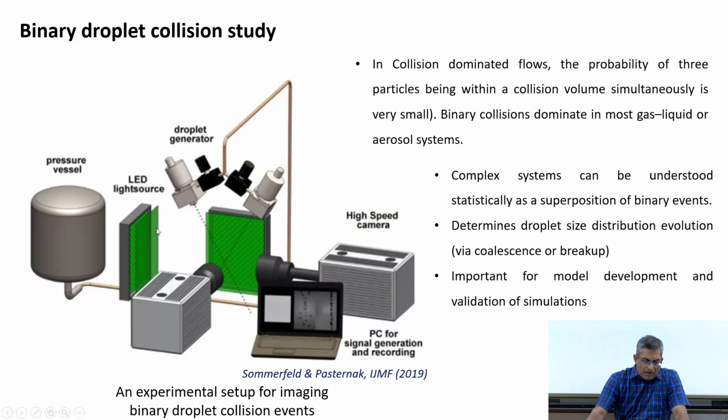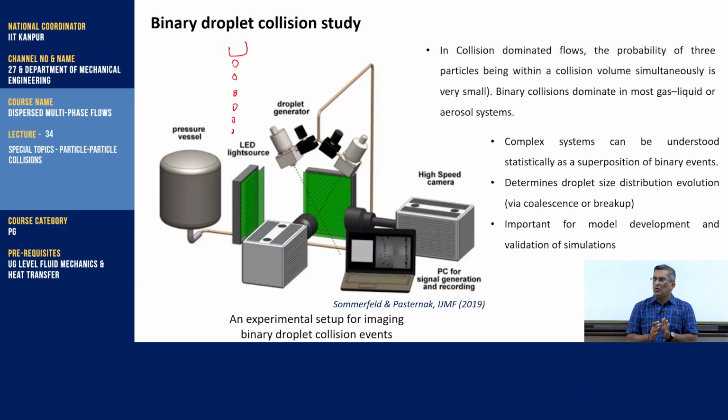Many people have studied this, and this is an example of an experimental setup used for imaging binary droplet collision events. Here you see there are two droplet generators. These generate a very simplified spray, meaning only a stream of mono-sized droplets, which is ideal for fundamental studies like this. They have taken two droplet generators, inclined them, and allowed the droplets to interact with each other.